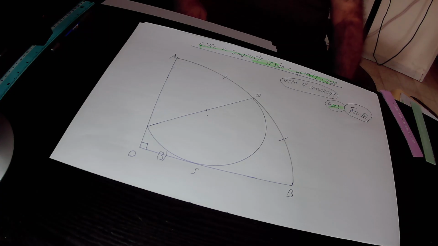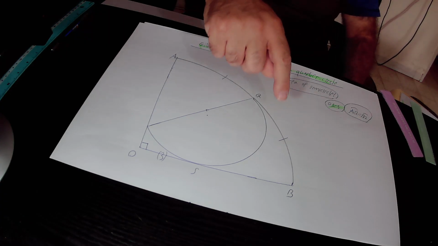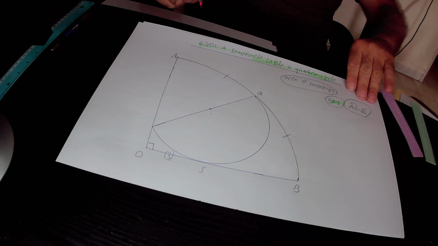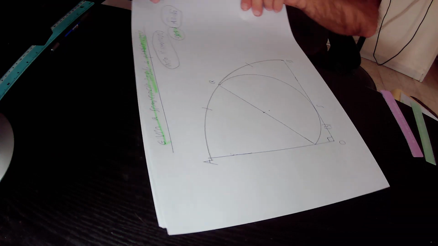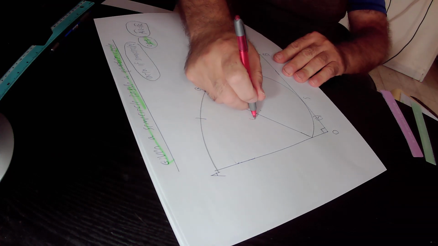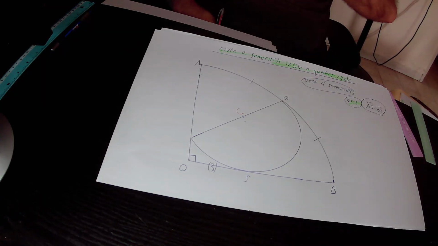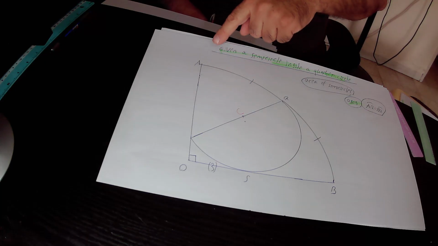Task is to find out the area of this semicircle. So first of all, we define the center of this semicircle. This point is point C. We define the touching point of the semicircle with the quarter circle.